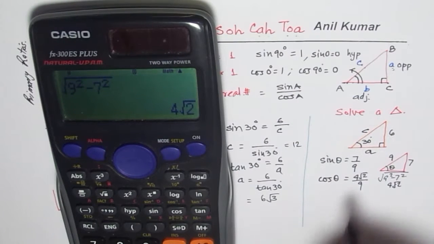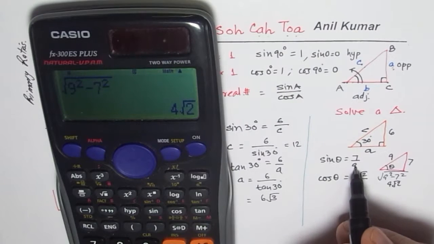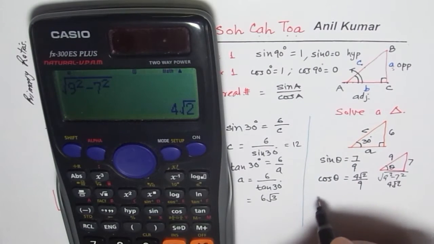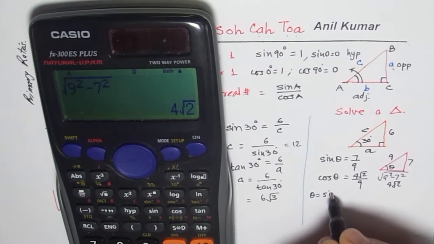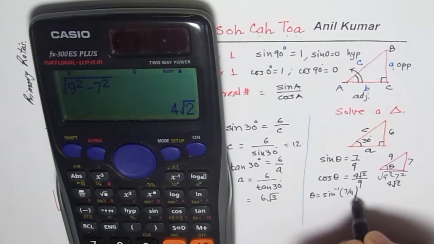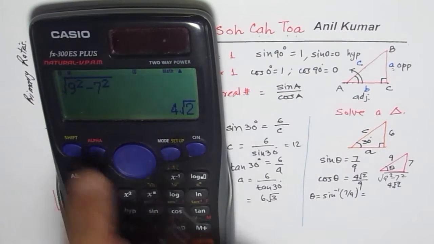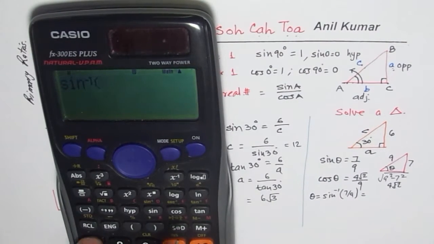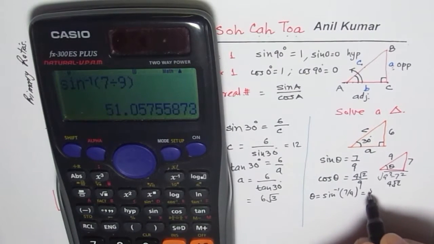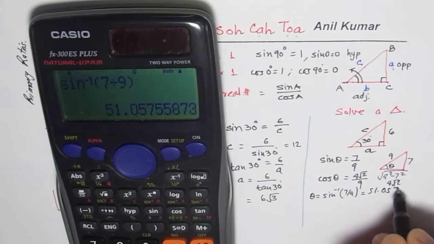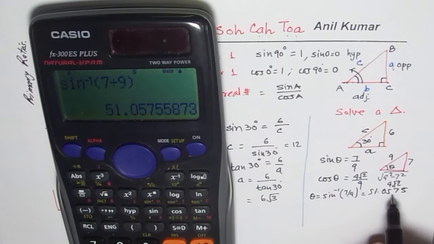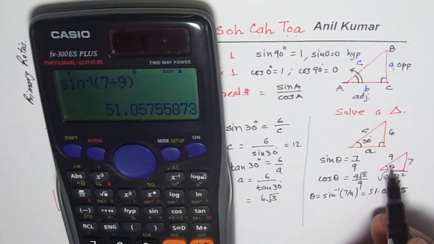The alternate way is, we know sine theta is 7/9, so we can find the angle theta. Theta is sine inverse of 7/9. We do shift sine inverse of 7 divided by 9, bracket close, equals, and we get the angle 51.0575. Now once we know the angle, we can find cosine and the side.